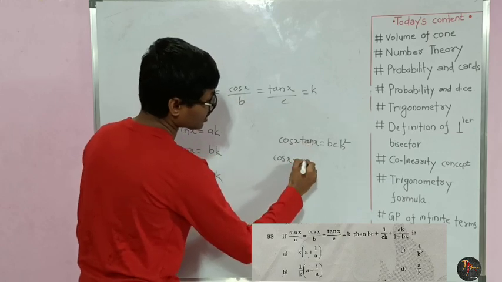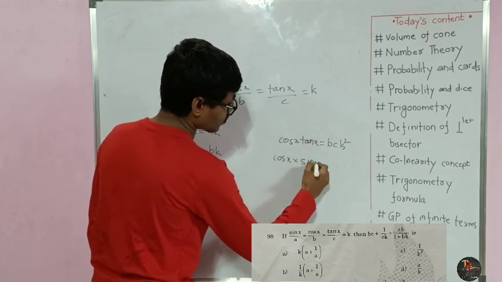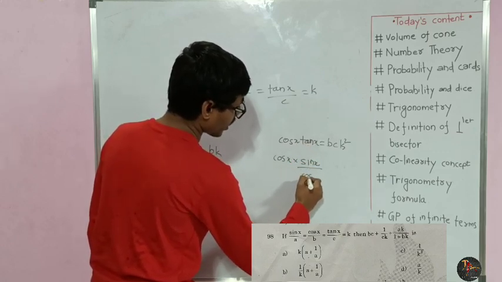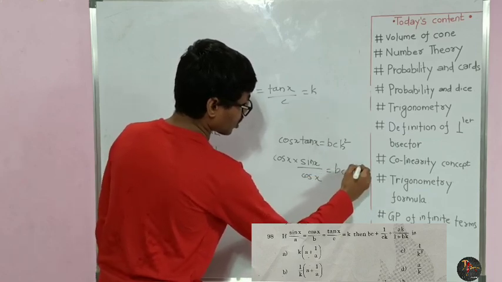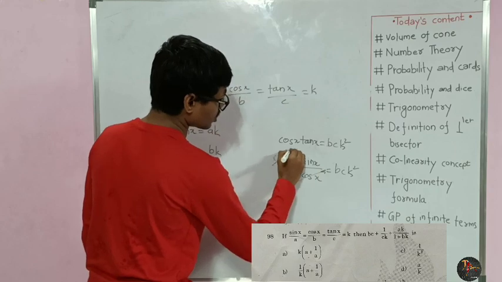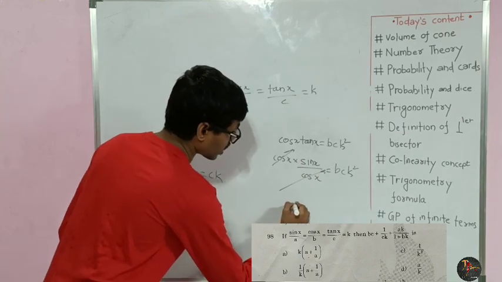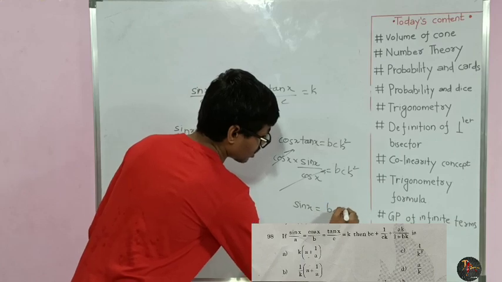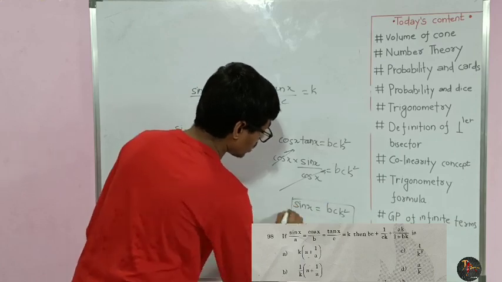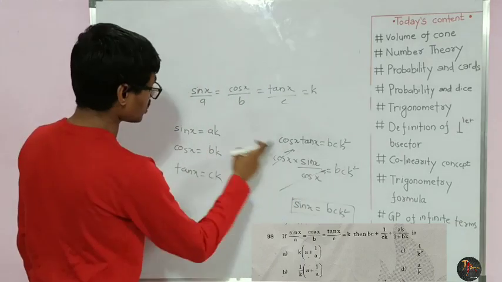I can write tan x as sin x by cos x. Sin x divided by cos x is equal to bck square. Now from here cos x and cos x will be cancelled, so sin x will be bck square.